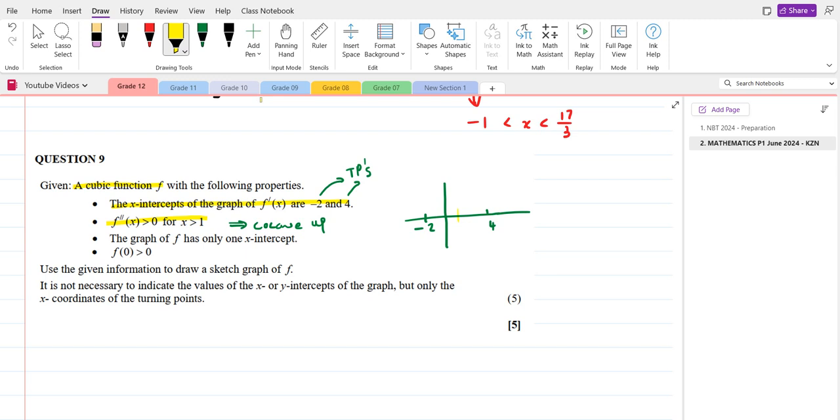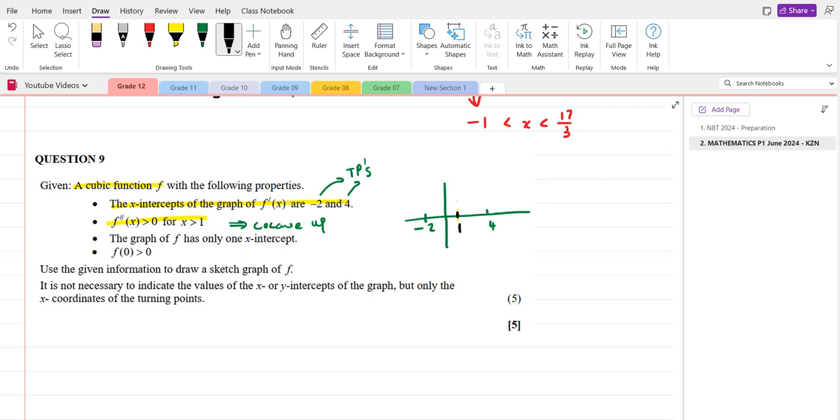Concave up is going upwards, right? At 1. Right, so almost it's making sense now, because is it a cubic function that goes like this? Yeah, we have to check.